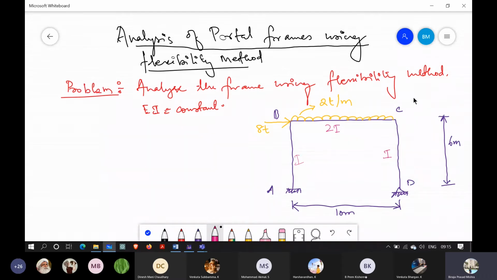So please pay attention. The first step, step 1, is: what is the degree of static indeterminacy?